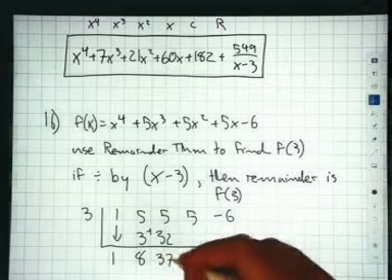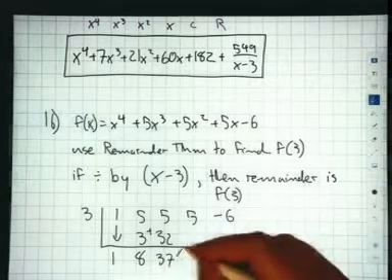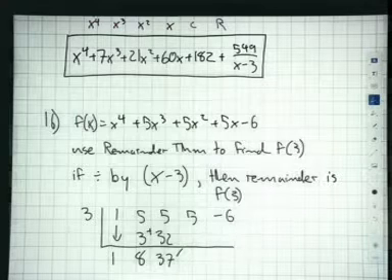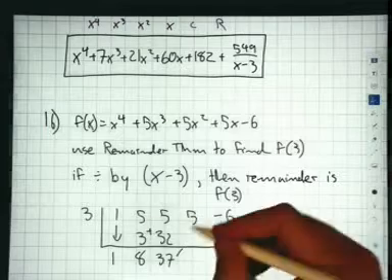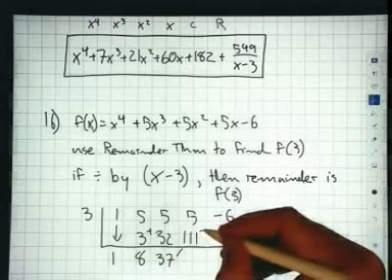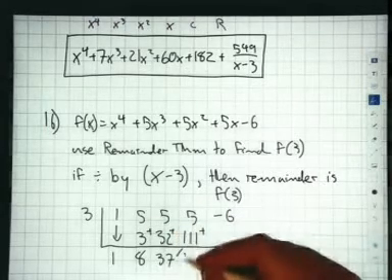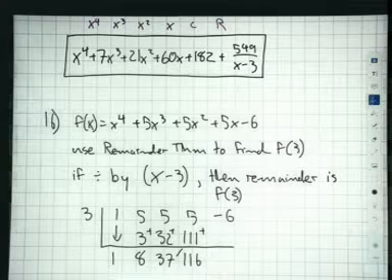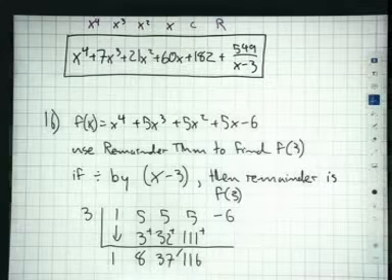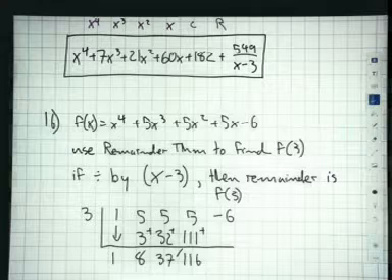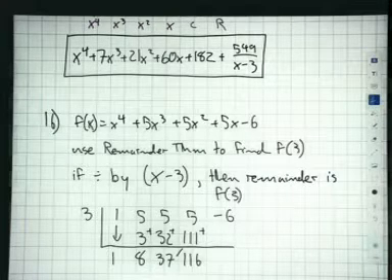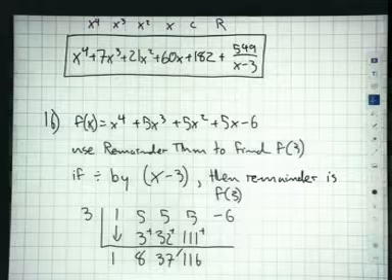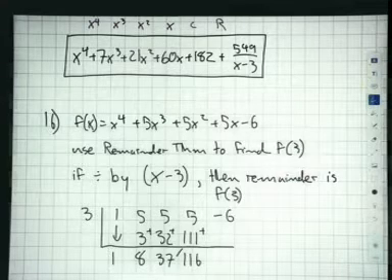Plus 5 is 37. And then times 3 is going to be 111. That's going to be 116. 116 times 3 is going to be 16.